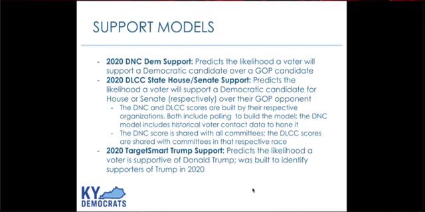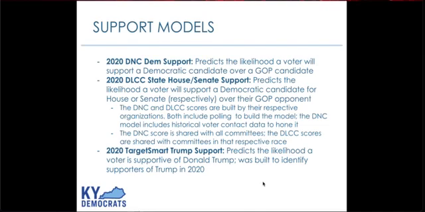Next, something that will be beneficial is the 2022 TargetSmart Trump support score. This was built for the 2020 election to predict the likelihood a voter is supporting Donald Trump. This might be a good score to help weed out folks that would be more likely to be Trump supporters, so that you don't necessarily have to talk to them.